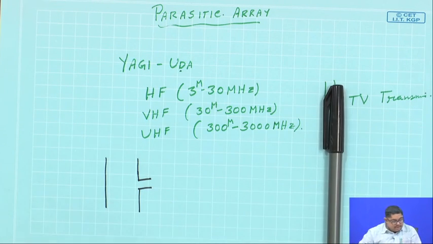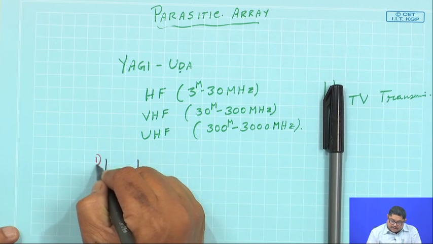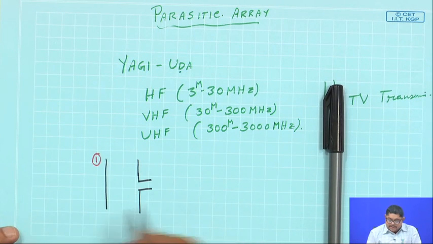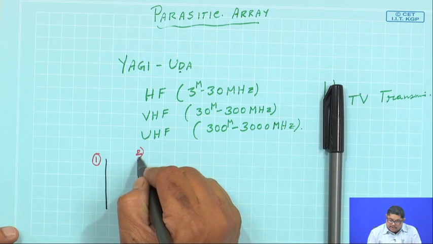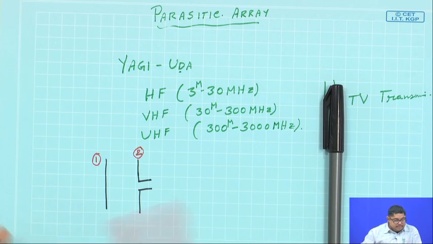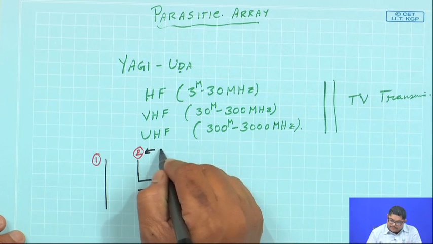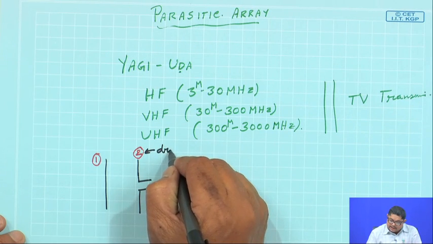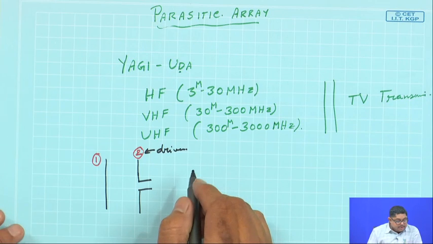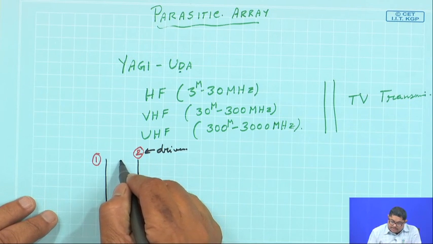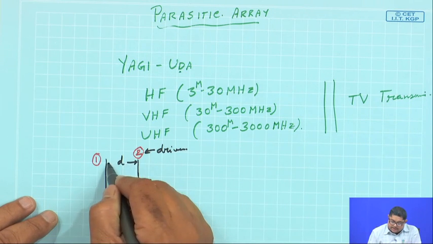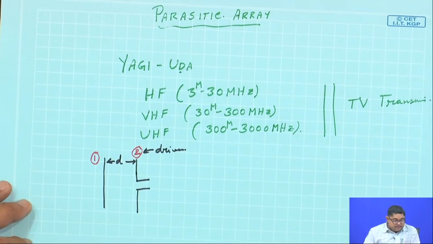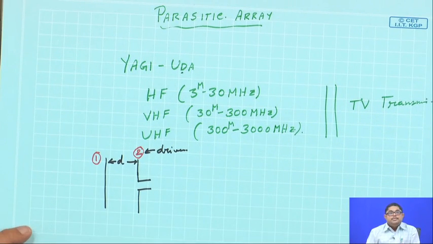This one is a parasite, I am not driving it; the other is a driven element, as seen from the feed here, and this spacing, let us take d. So this is the 2 element array.